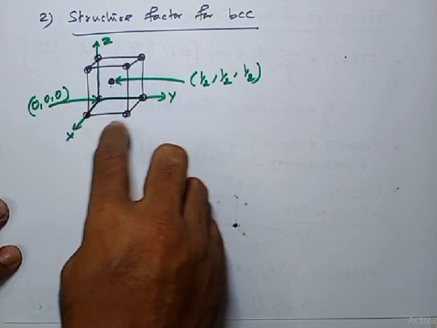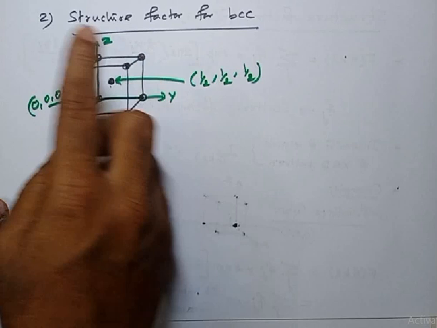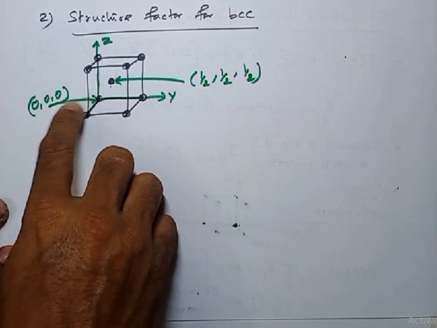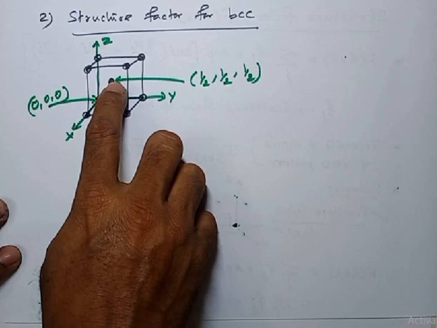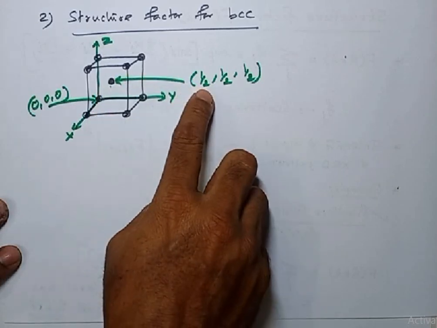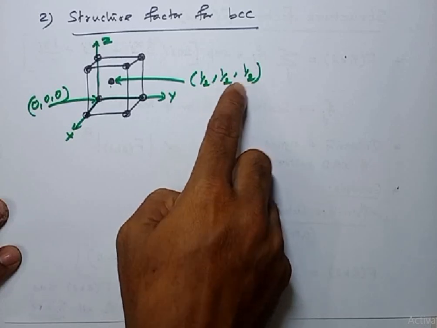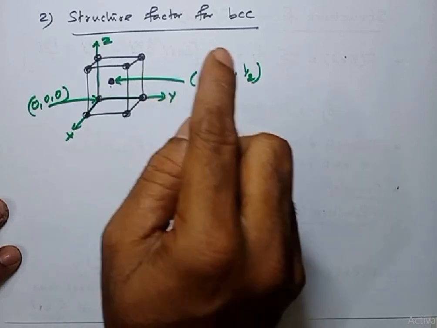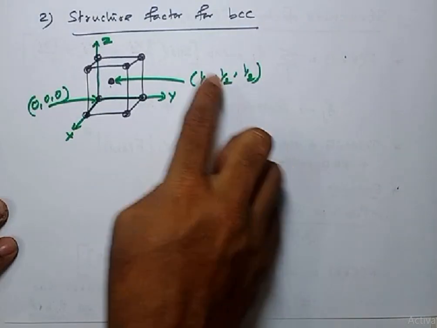All corner atoms are equal, so for all these corner atoms the point is 0, 0, 0 only. Now we have one central atom. For the central atom, x value is half, y value half, z value also half. So this point is 1 by 2, 1 by 2, 1 by 2, which is different from the corner atoms.